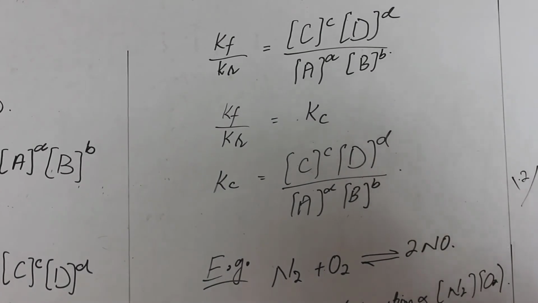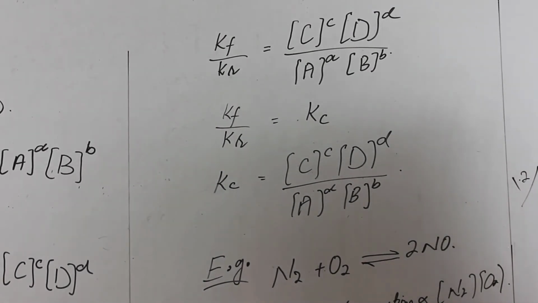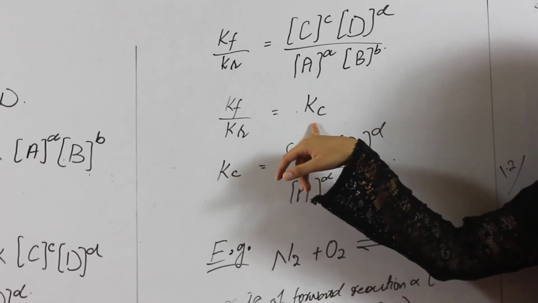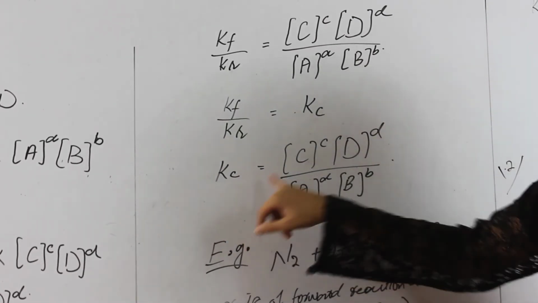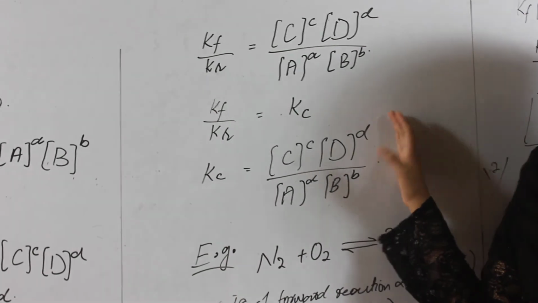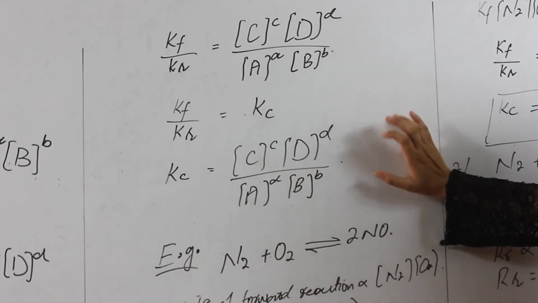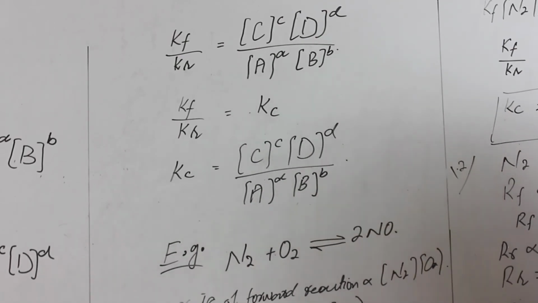In place of the ratio between the forward and the reverse constants we put the single constant Kc, meaning Kc is equal to the ratio of the products to the reactants. That is the derivation of the equilibrium constant.